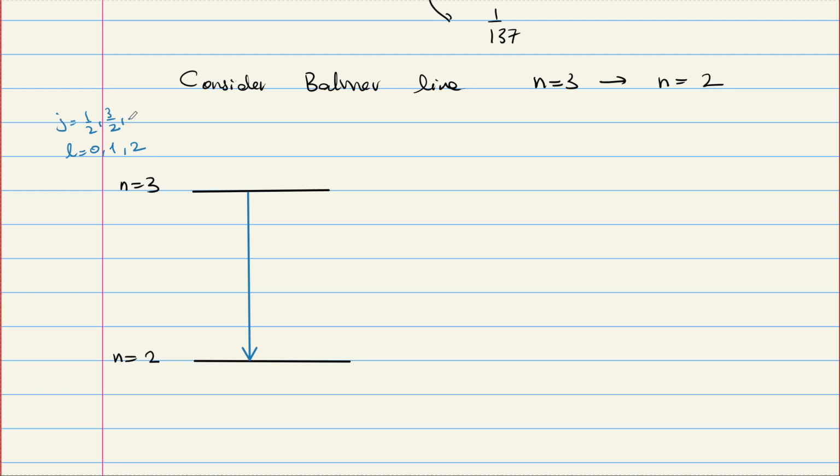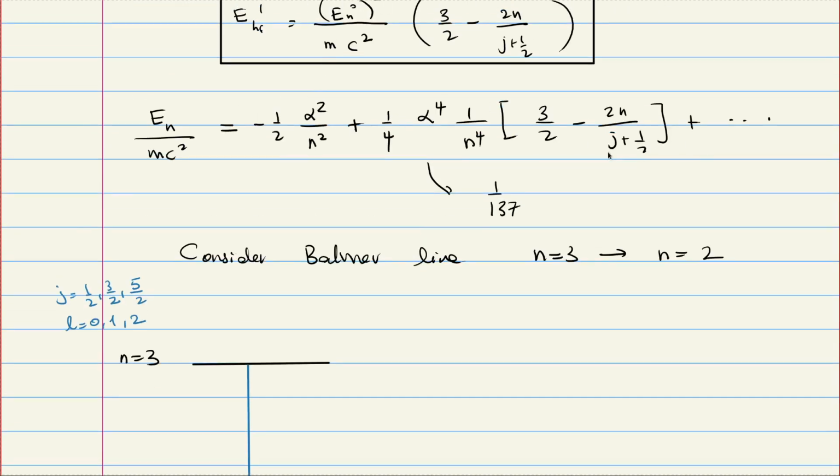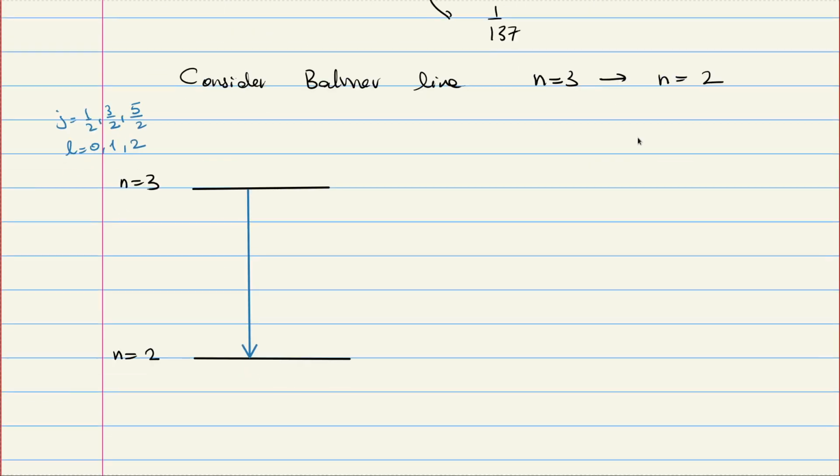And 2 and 1/2 is going to give us either 3/2 or 5/2. And splitting is, you can see, J dependent. Therefore, this is going to split into 3. So there will be 1, 2, 3 lines.